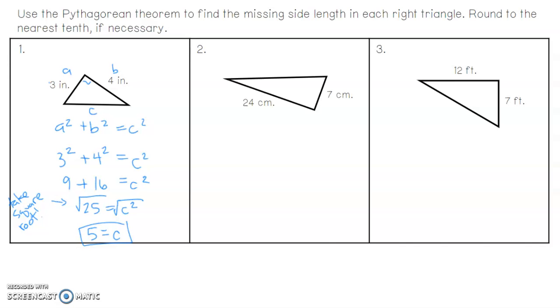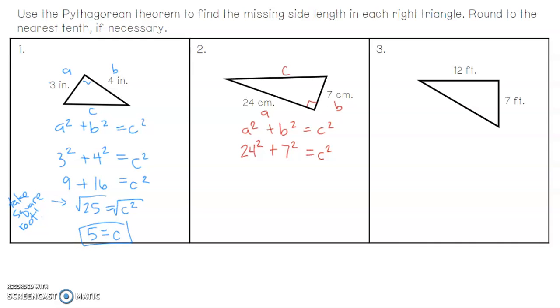Okay, let's do it again. All right, so the longest side is my hypotenuse. The other two sides are what create the right angle. Okay, so we have A and B. A squared plus B squared should equal C squared. Okay, so I'm going to put 24 squared plus 7 squared should equal C squared.